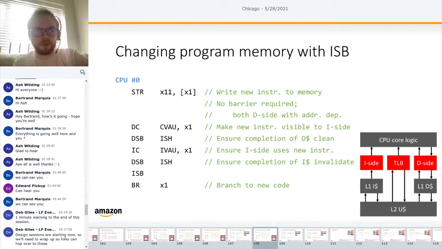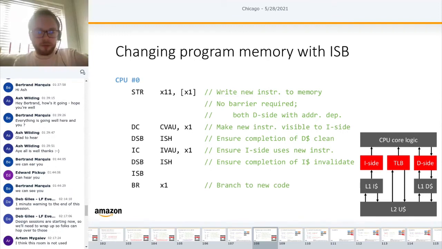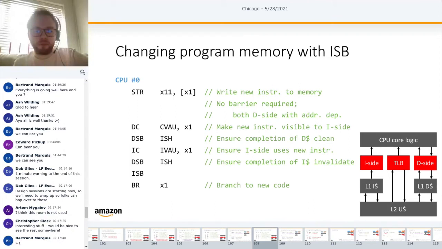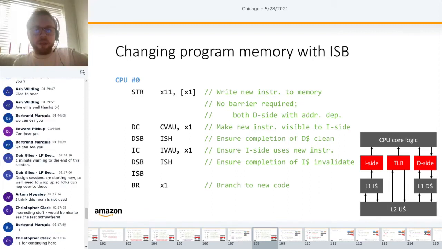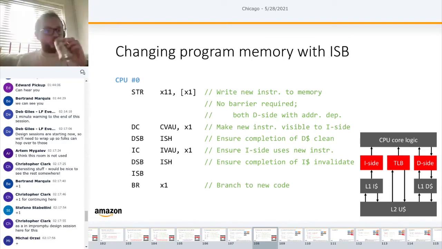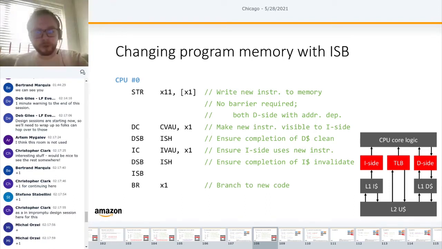Design sessions are starting now, so we'll need to wrap this up so folks can head over to those. We have two, one in Shanghai and one in London. If this room is unused, can we carry on using it in case people are interested? There was a request to keep everything on schedule so that folks didn't miss other sessions. I'll let folks on the call decide if they want to stay here or go to another. Since those two are the scheduled sessions and the request from the community was to stay on track, I want to make sure that option is out there.